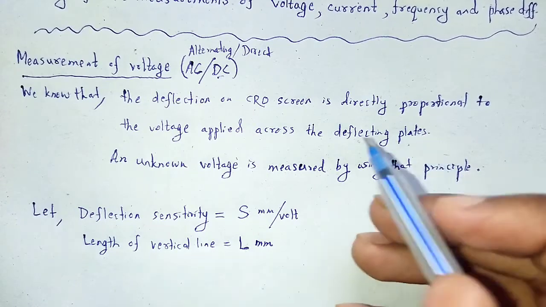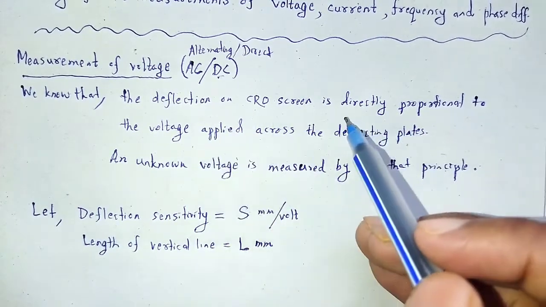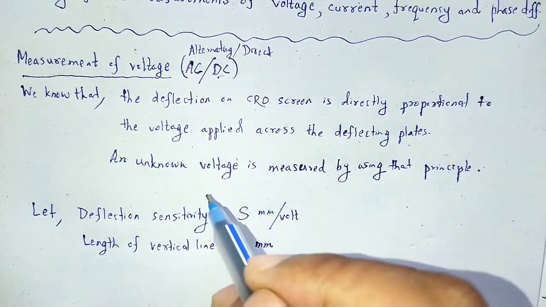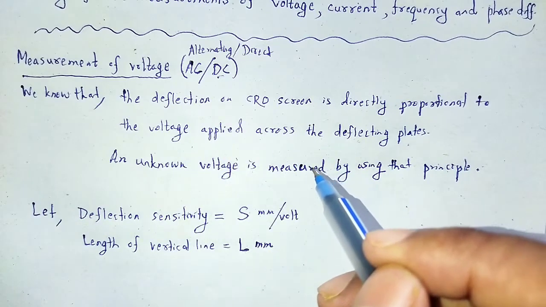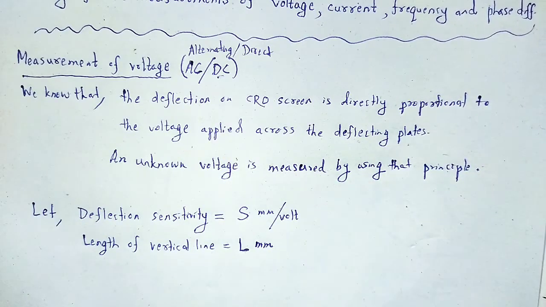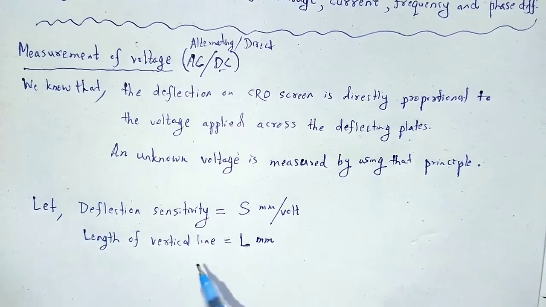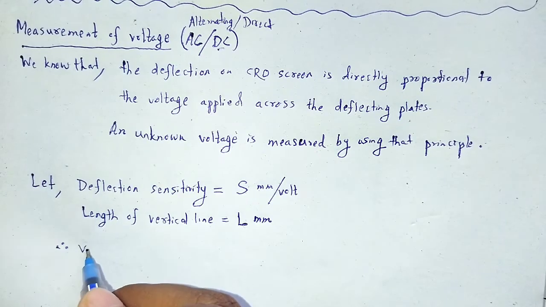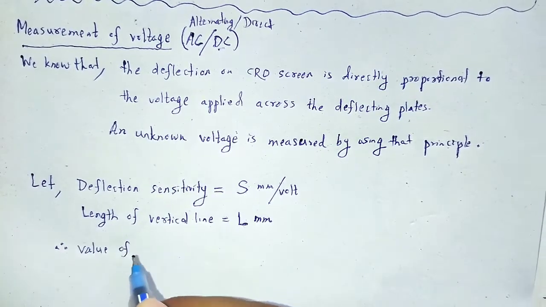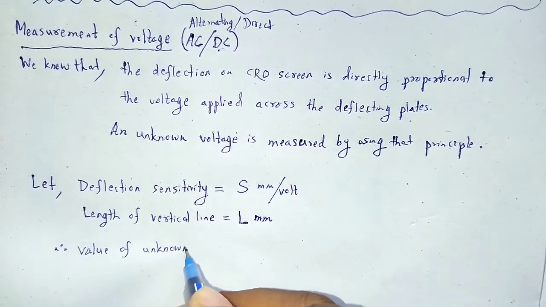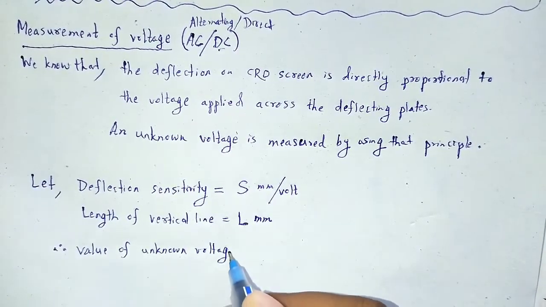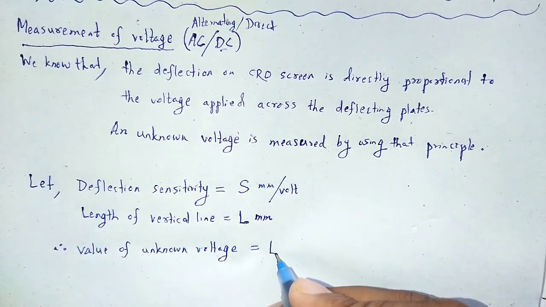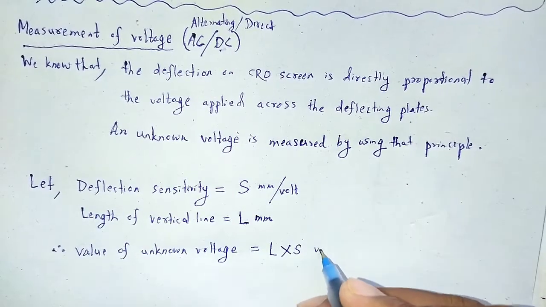As we say, deflection is directly proportional to the applied voltage, which can be measured by the length of the vertical line. Therefore, the value of the unknown voltage is calculated from the deflection sensitivity and the length of the vertical line, L into S volt.